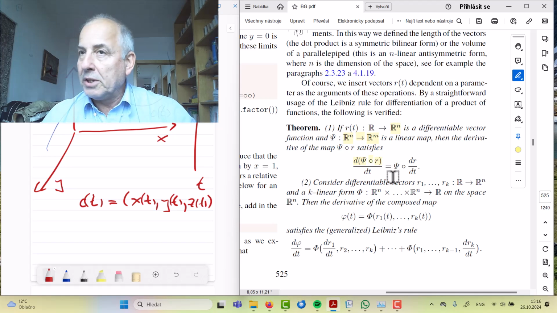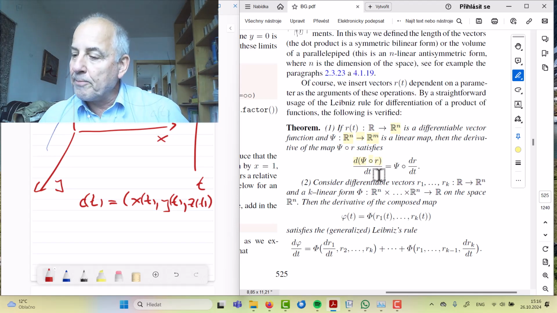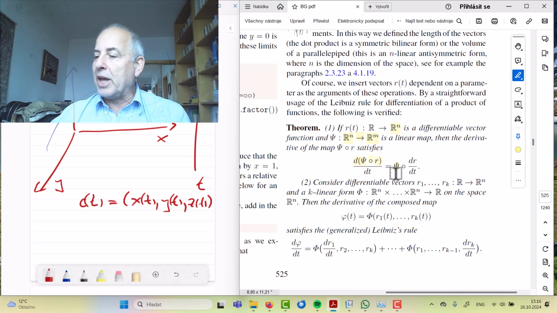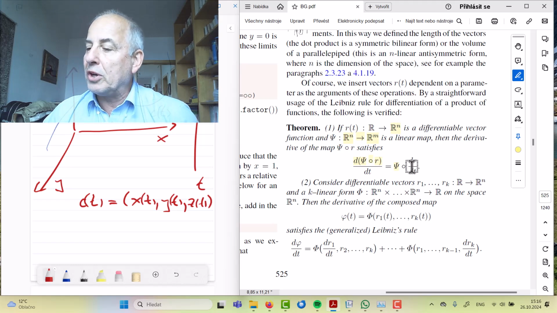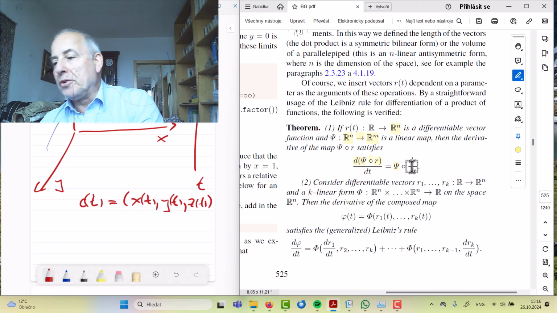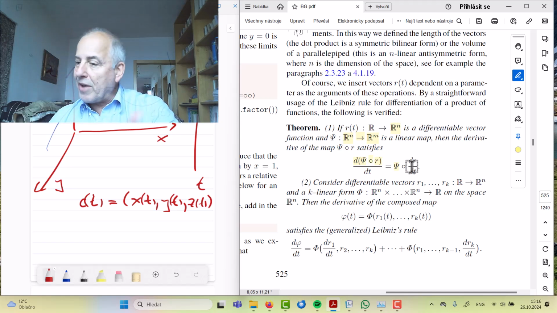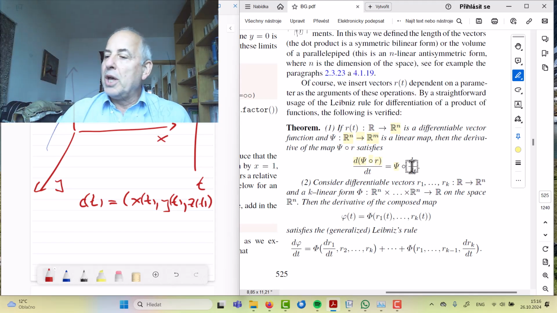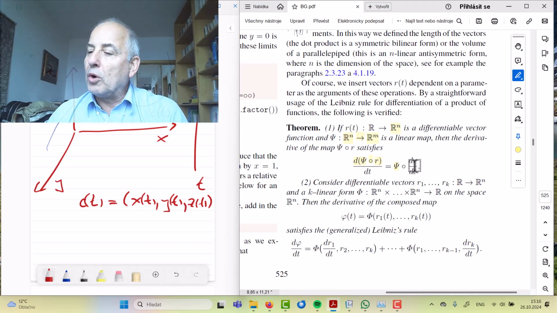It will be done component-wise, but the point is that the linear mapping can be put outside and you only differentiate. So you simply apply the linear map to the derivatives of the curve, to the vector of velocities of your path, and you will get exactly the derivative of the composition.